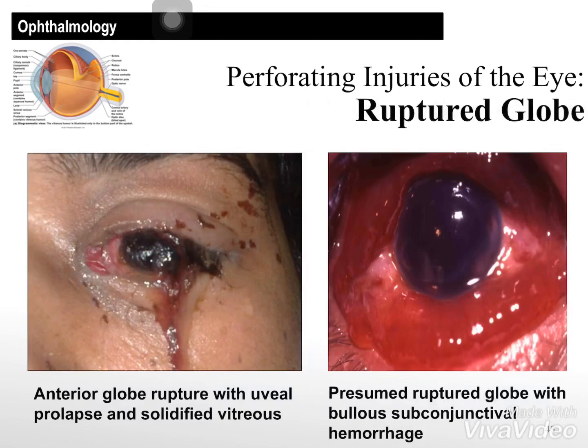All right. Now, those are from the simple foreign body to perforating injury. Now we go to globe rupture, which is more serious. You will see here on the left side a picture of a patient with an anterior globe rupture. You will see here a mucoid mass, which when you try to remove or clean the area, you cannot remove.